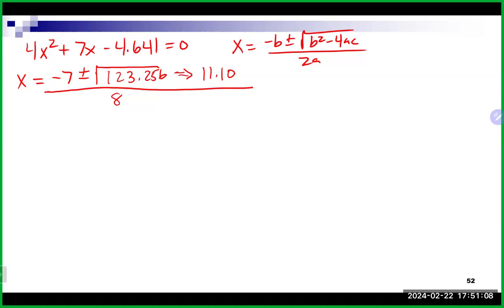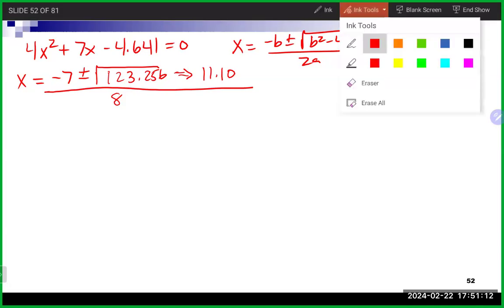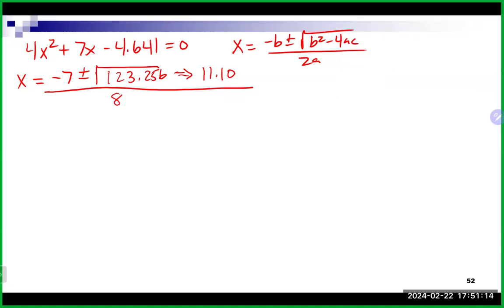Hopefully. All right. So as we talked about last time, this is going to give us 2 x values. So we will go positive first, right? And then divide, and then subtract. So doing the positive one, I'm going to do minus 7 plus 11.10, divided by 8.